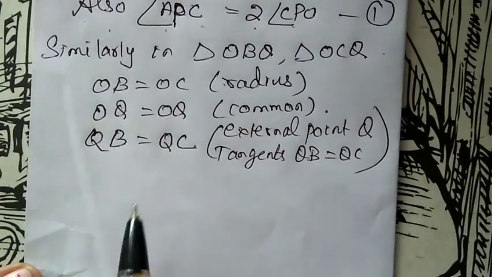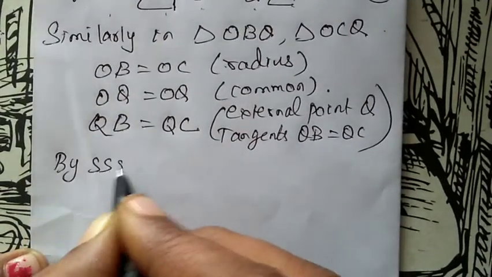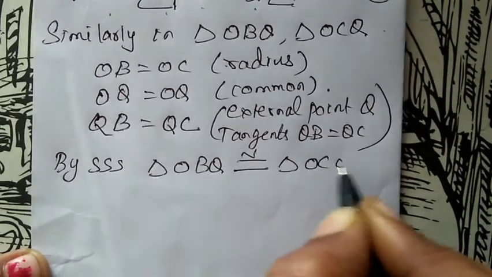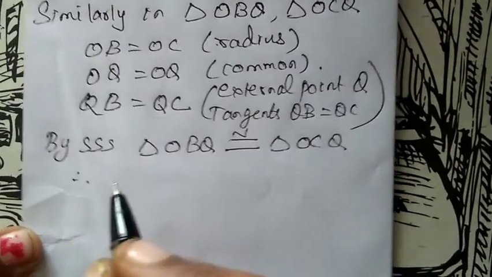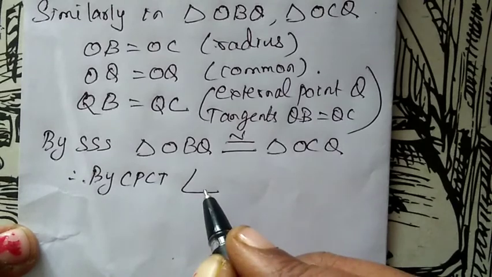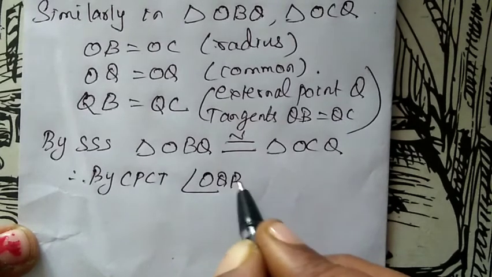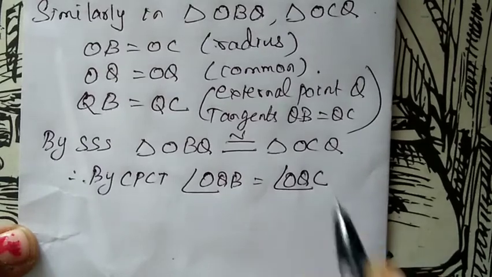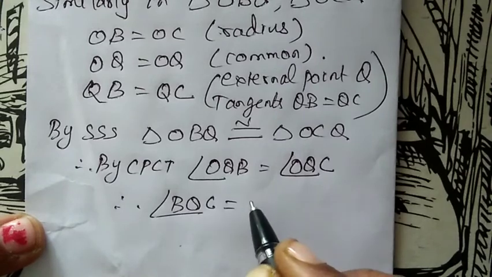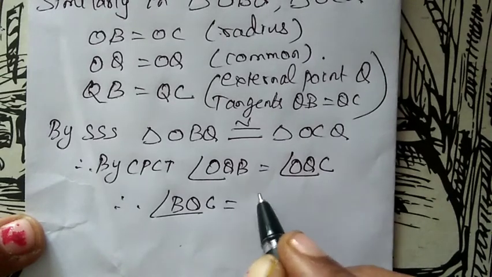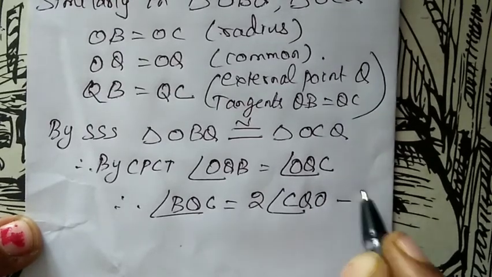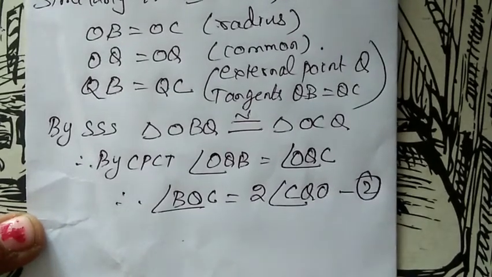So by SSS, triangle OBQ is congruent to triangle OCQ. Therefore, by CPCT, angle OQB is equal to angle OQC. Therefore, angle BQC we can write as 2 times angle CQO or OQC. Okay, we'll make it as second equation.